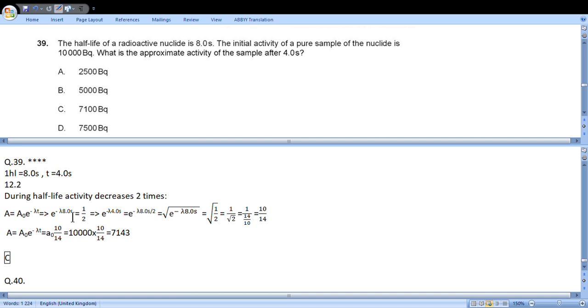But if it is 4, it is the same as 8 divided by 2, and divided by 2 means square root, so it means square root of 1/2, which is 0.7 approximately. So the activity after 4 seconds will be the activity at the beginning times 0.7 of that, which is approximately C.